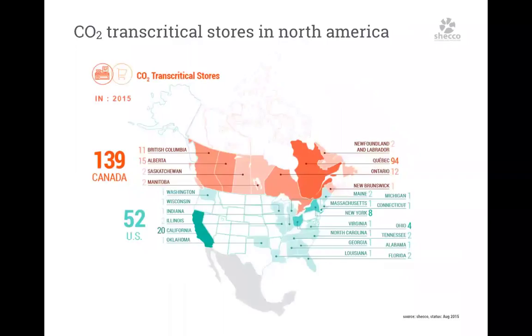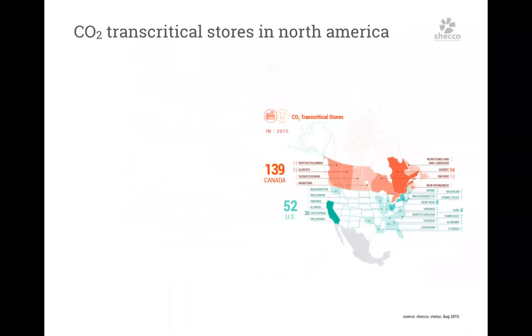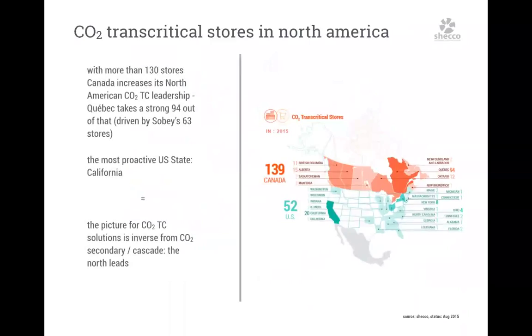The same map just for CO2 transcritical stores, updated just 1-2 months ago. The situation changes. Canada is here the leader as compared to the US with more than 130 stores. Out of that, again, Quebec takes 94, and it's due to one of the food retailers leading that effort. In this case, it is Sobeys.